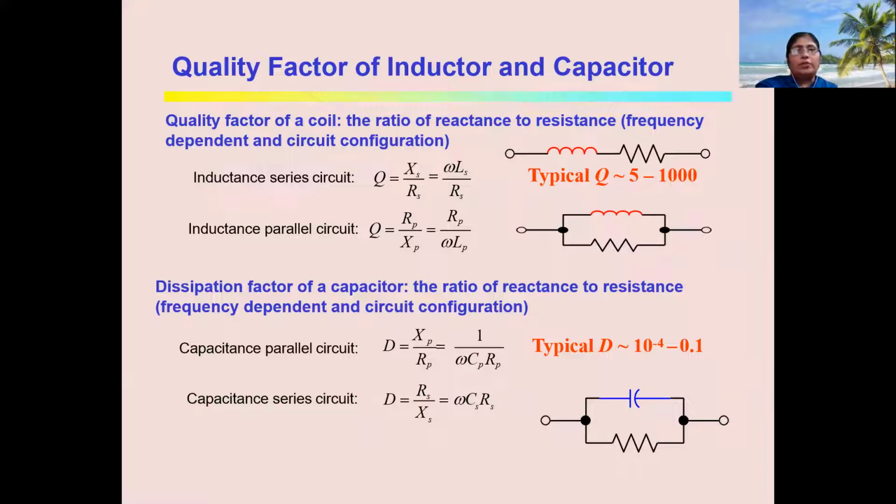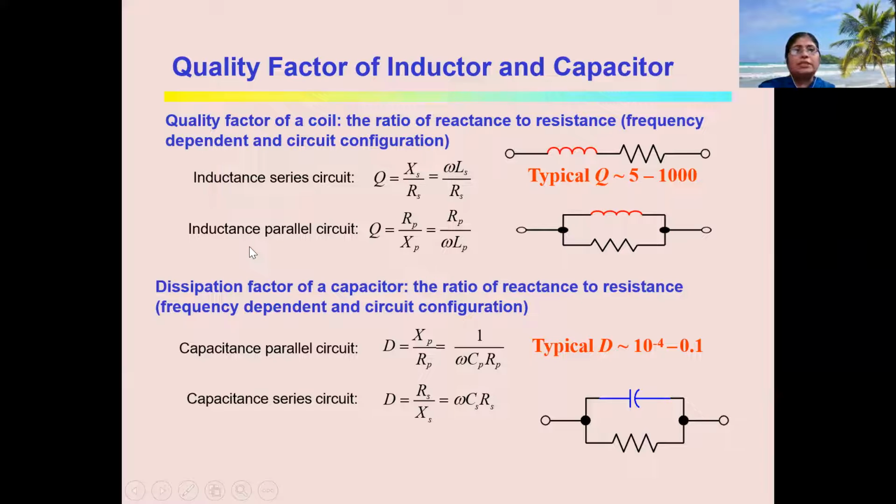Now the quality factor of the inductor and the capacitor. The quality factor of the inductor, if the resistance is connected in series, is given by omega L S upon R S. That is the reactance of the inductor divided by the resistance. Omega L is the reactance of the inductor.